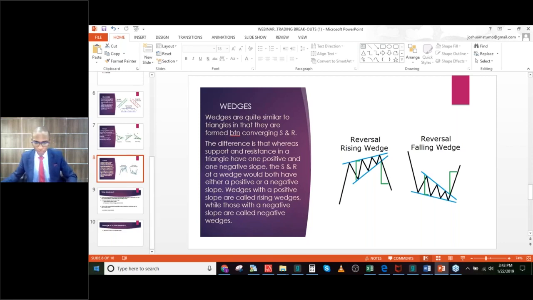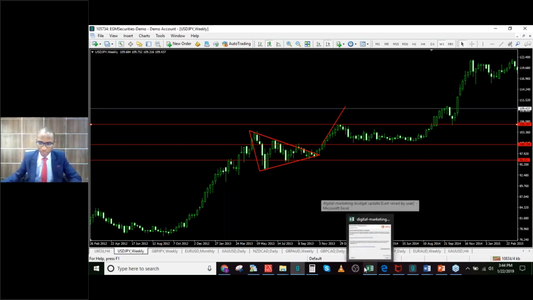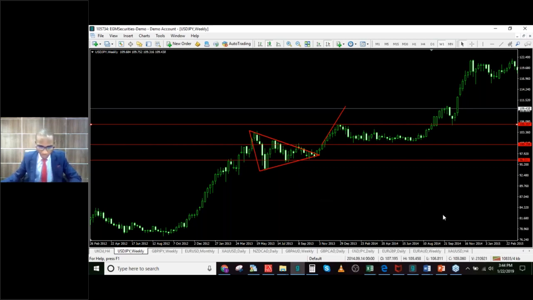What I'm going to do to help you understand better is get right into our charts and spot an example of a wedge that we already analyzed in the markets on one of the pairs. And this is a rising wedge on the pair of the Great Britain pound against the Japanese yen.